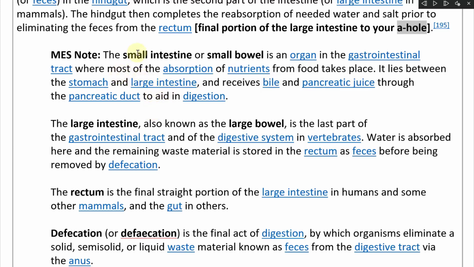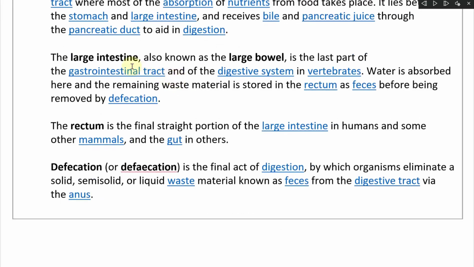Yeah, so after the stomach goes to the small intestine or small bowel, and then after that is the large intestine. So anyways, the large intestine, also known as the large bowel, is the last part of the gastrointestinal tract and one of the digestive systems in vertebrates. Water is absorbed here, and the remaining waste material is stored in the rectum as feces before being removed by defecation.